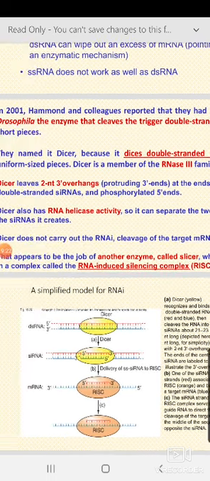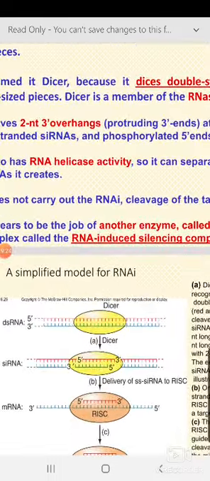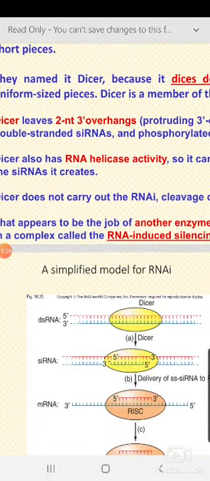Now see this mechanism. What I discussed so far starts with a double-stranded RNA. This double-stranded RNA you can synthetically develop. Sometimes some transposons also can create this kind of effect. Sometimes some viral infection also can cause this kind of effect. What we need is the double-stranded RNA inside the cell. Once the double-stranded RNA is inside the cell, who will come? Dicer, the RNase 3 family enzyme.